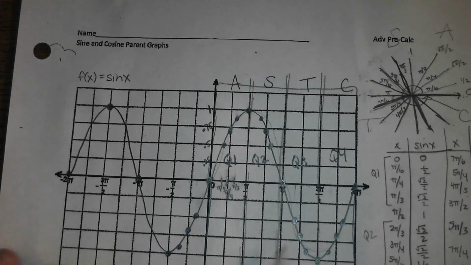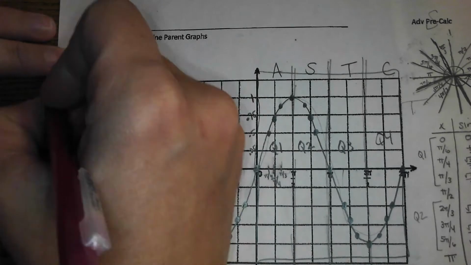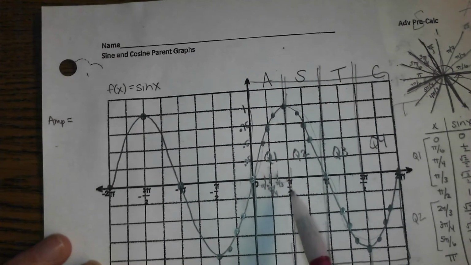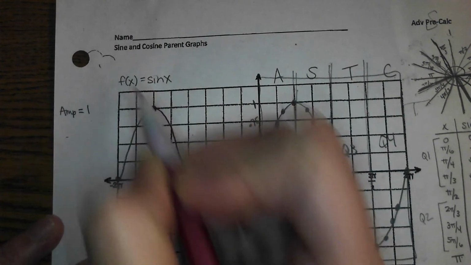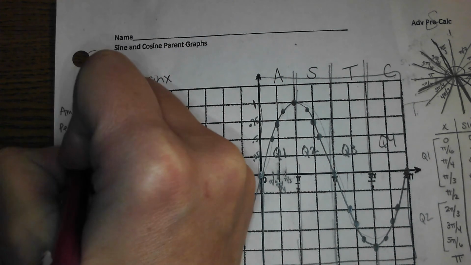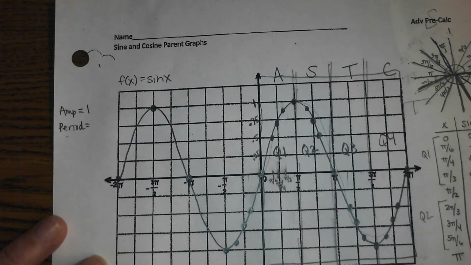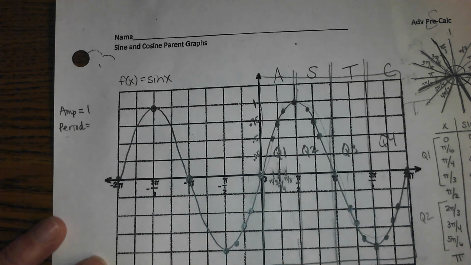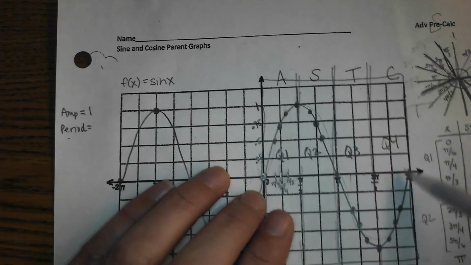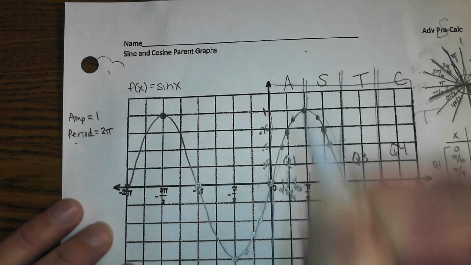But one more thing over here. What is the amplitude of your parent graph? 1. What is the period of your parent graph? How long does it take you? 2 pi. That cycle repeats itself every 2 pi.